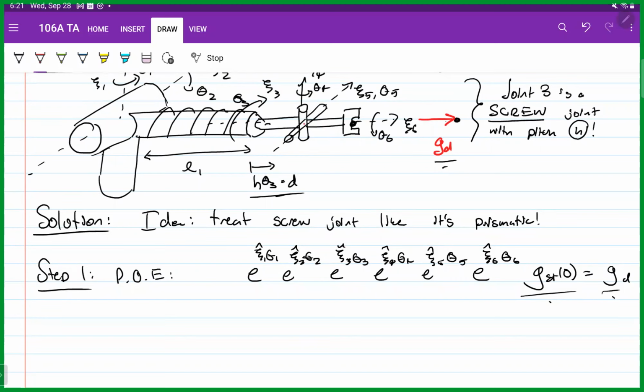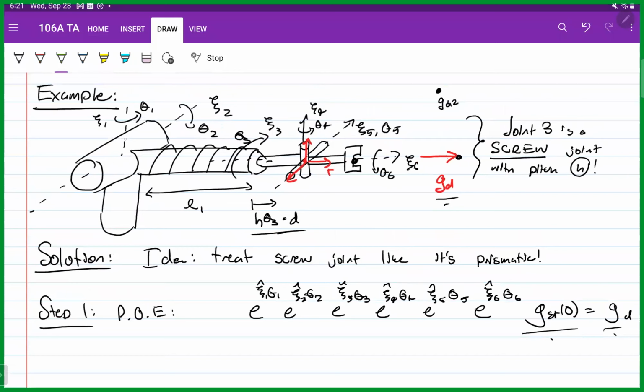So I think in this problem, we put the tool frame right over here. So that's your tool frame. And then, where was the base frame? Was it over here? Oh, it was the bottom. Okay. So that is your spatial frame in that case. So using our methods from forward kinematics, we're always able to solve for what that g_st is.